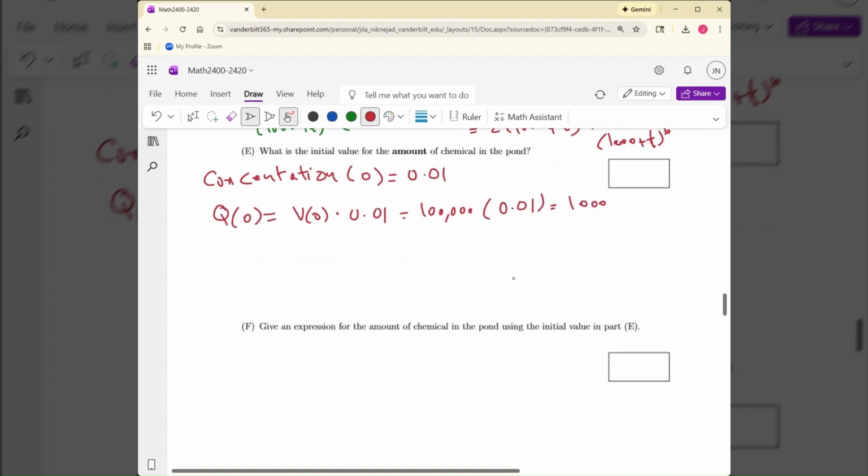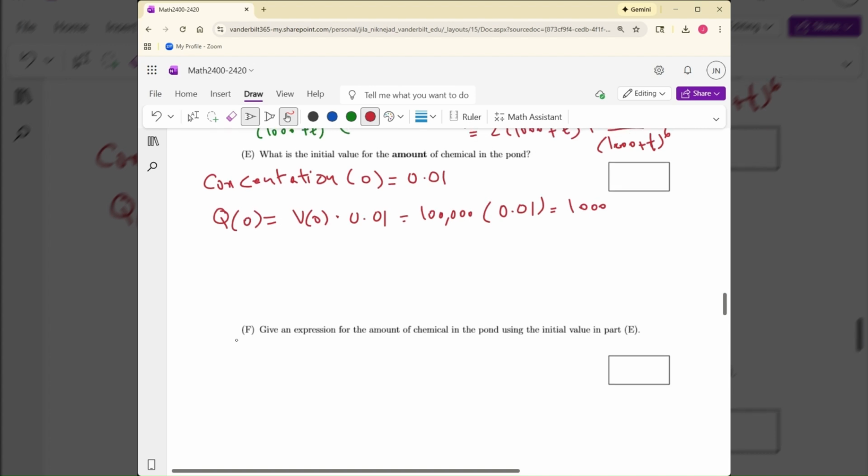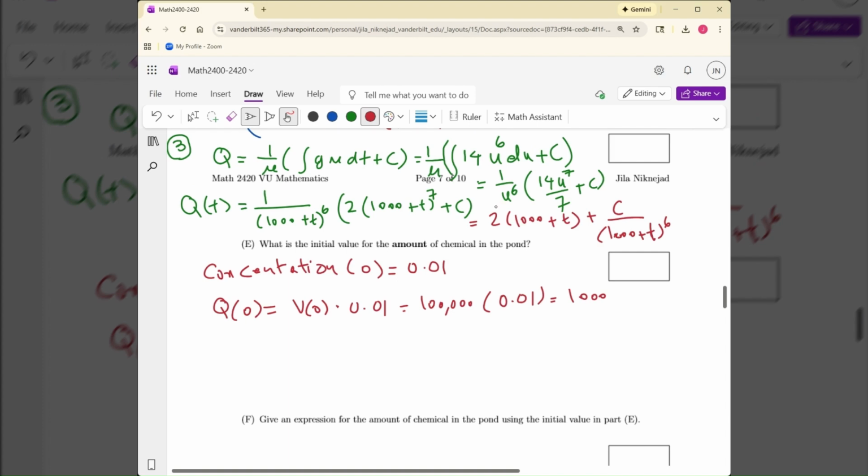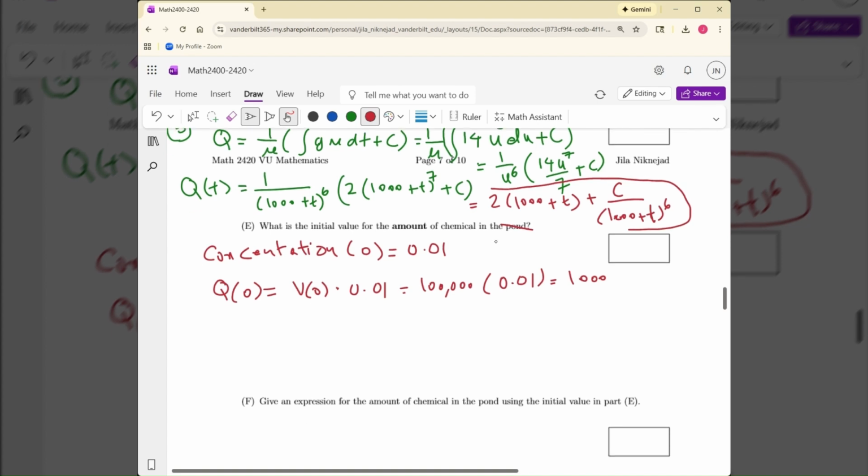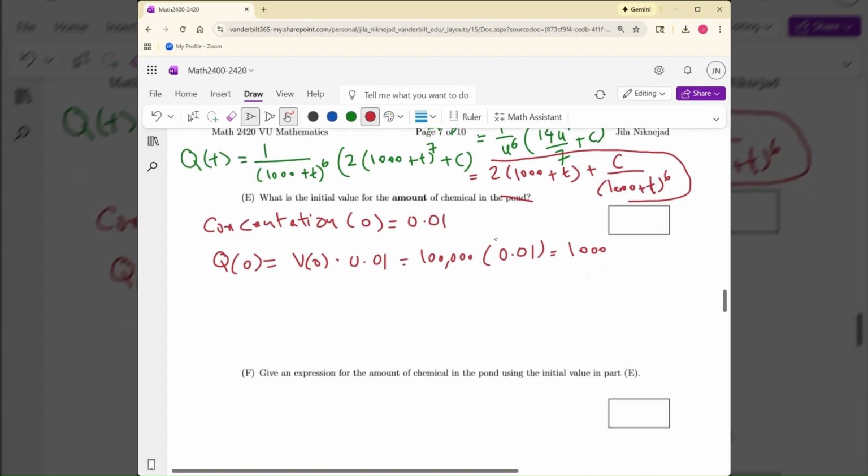Now it's asking you to find an expression for the amount. So I'm going to plug in the general solution, which we found here. I'm going to plug in 0 for t, and I would set Q of t equal to 1,000. So it's 1,000 equal to 2,000 plus c over 1,000 to power 6.